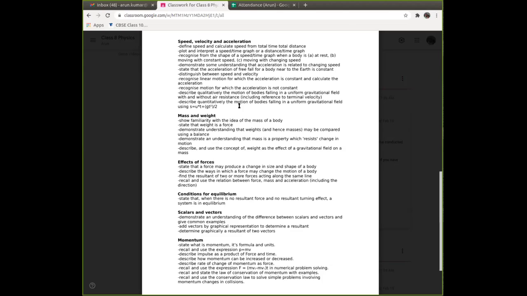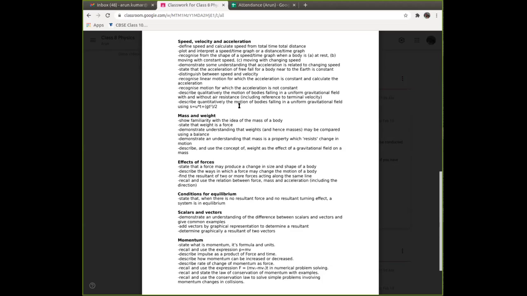And this particular section in the textbook is how far, how fast, where we say when an object is falling under the influence of gravity, in every second, how much distance does it travel? We had a discussion about this in class. So you can use that particular discussion to understand this better.